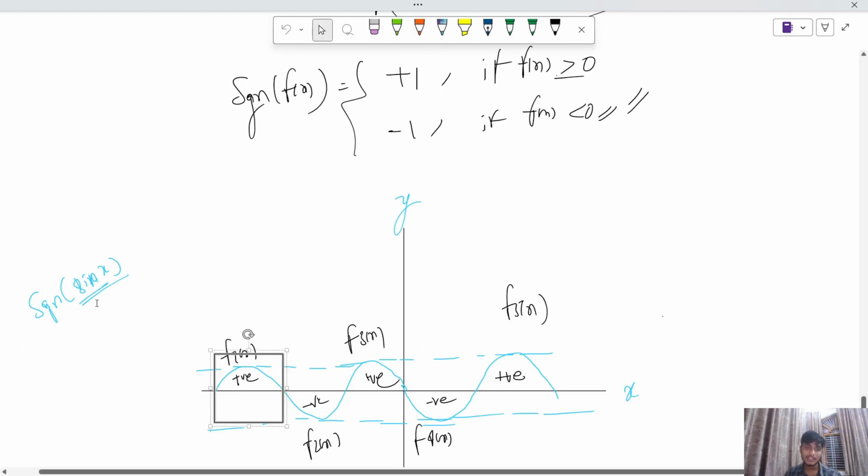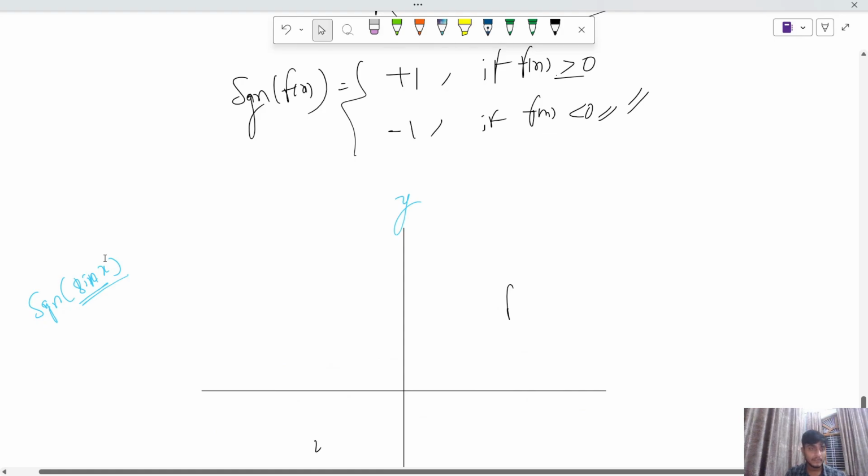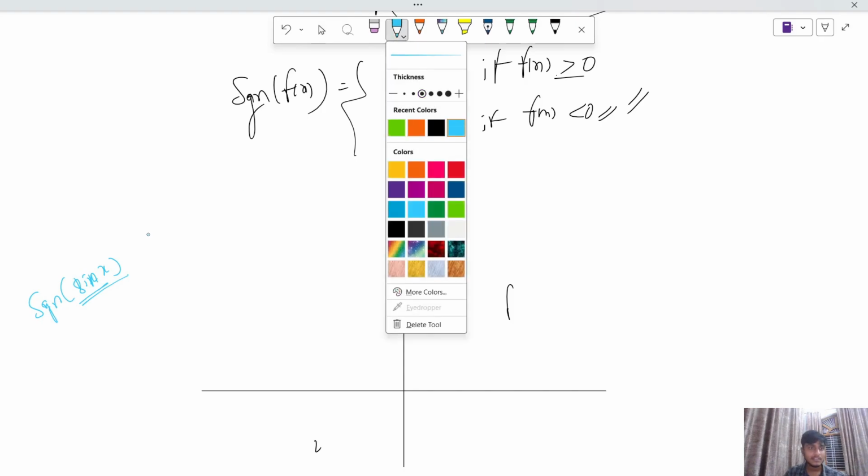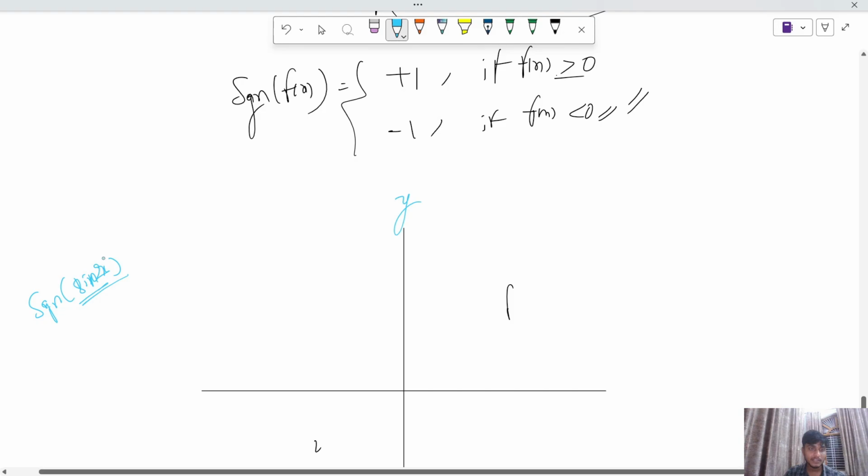Let's make it more generalized, like sine 2x plus 3.